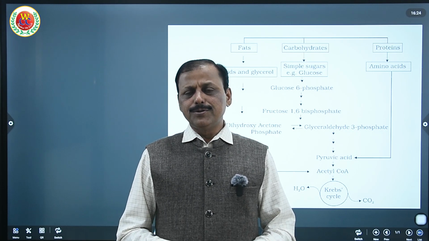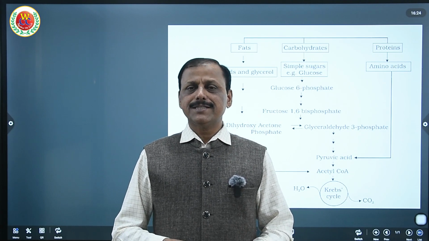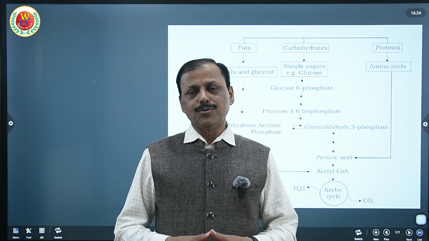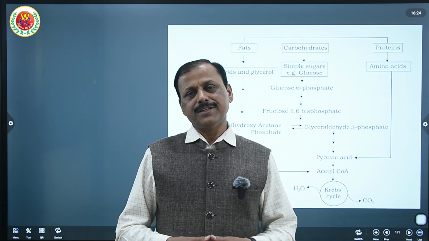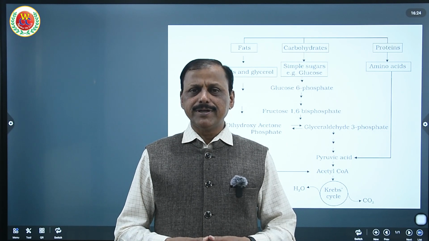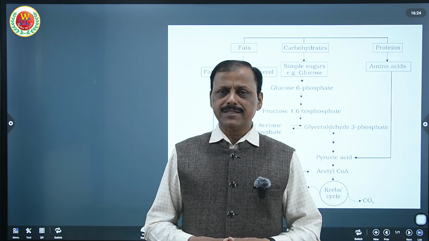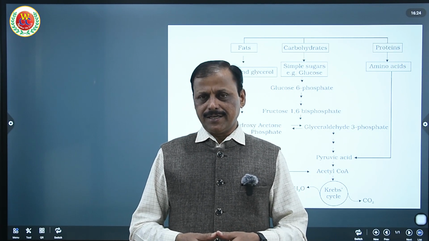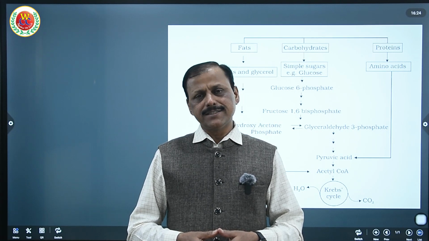Now we do respire and there are different respiratory substrates. These respiratory substrates are glucose, fat, organic acid, protein. As we know that we require energy, and very often glucose is the respiratory substrate, as it requires less oxygen to be broken and release the energy.